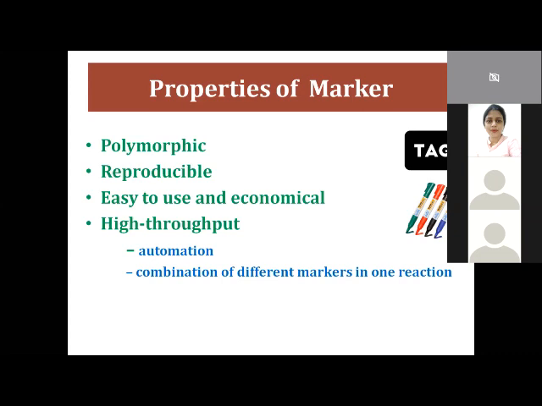Suppose I'm taking any character, whether it is at the level of morphology, protein, or DNA, whatever the marker we are taking, that should exist in alternate forms. Suppose I'm taking the color of a fin in a fish as a marker, getting my point?